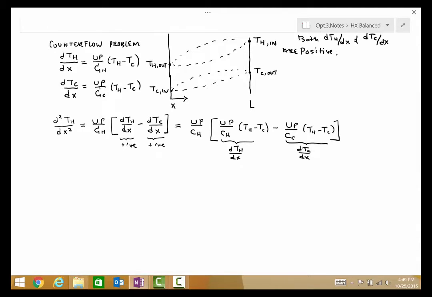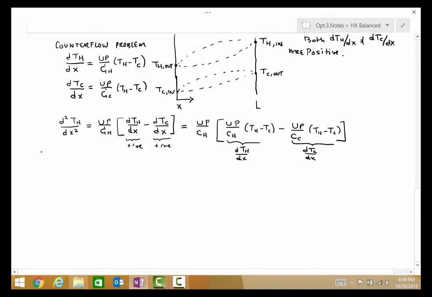The issue really is a question of which one of these is larger. If CH is less than CC, and I think you can see this here, but if you can't, let me expand on this a little.